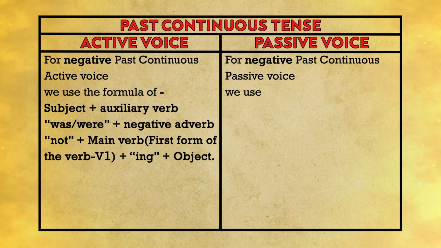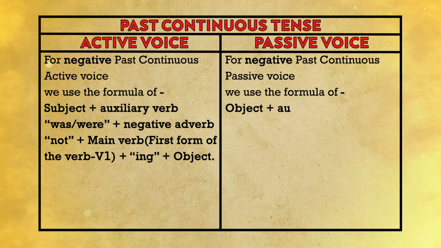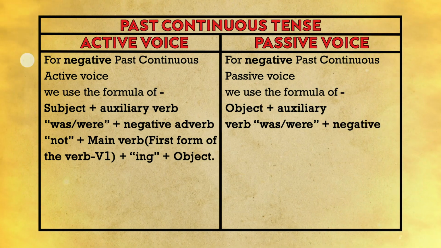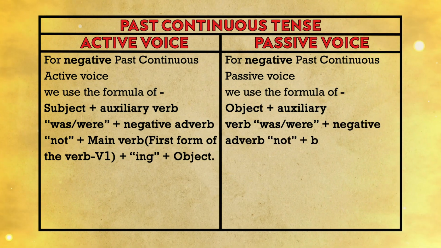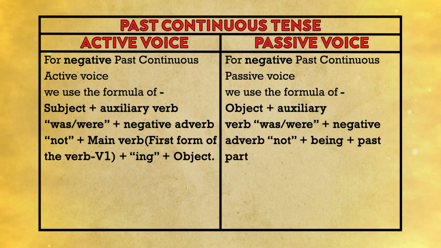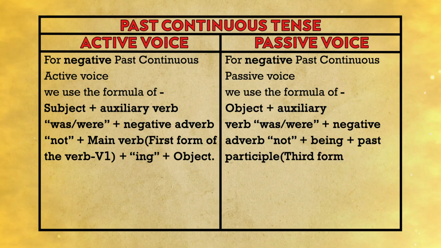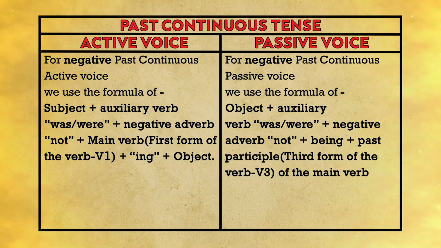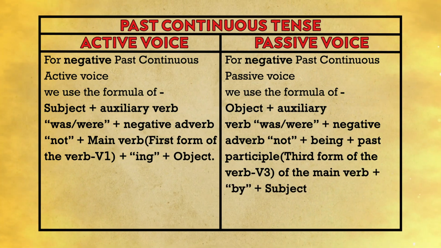When we change it, it is the object plus auxiliary verb, that is was or were, plus not, plus being, plus past participle, that is V3 of the main verb, plus by, plus subject, which is optional.